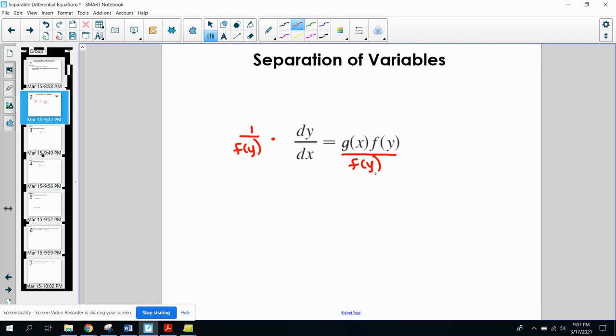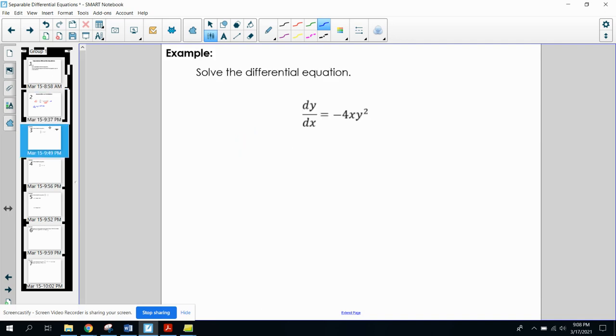To get rid of the dx in the bottom, I would multiply by dx on the left to cancel it out, and I multiply on the right-hand side as well. So what I end up with is 1 over f of y dy equals g of x dx. So now I've successfully separated the variables. We're going to use this technique to actually solve these differential equations.